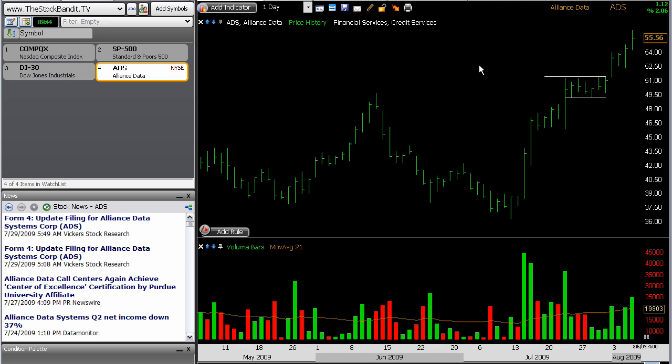Second, consider your reward to risk ratio throughout your trade. A trade that starts out with a structure that will give you 3 times the profit than you would lose if it failed ought to maintain some resemblance to that throughout the trade. But what you don't want is at your ultimate profit target, once you're starting to see that light at the end of the tunnel and you're almost about to exit a position, you don't want to have a stop that's way down here a mile away, okay?